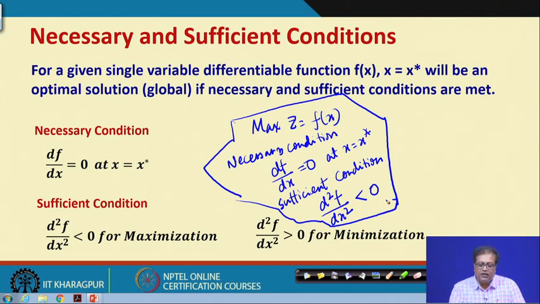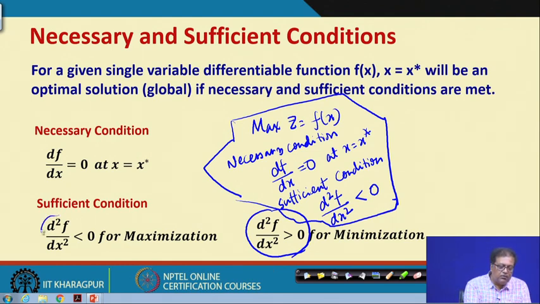Everything else is similar. The necessary condition is again that the first derivative should be 0 at the point of optimality, but additionally the second derivative should be greater than or equal to 0. So, second derivative less than or equal to 0 for maximization, and greater than or equal to 0 for minimization.